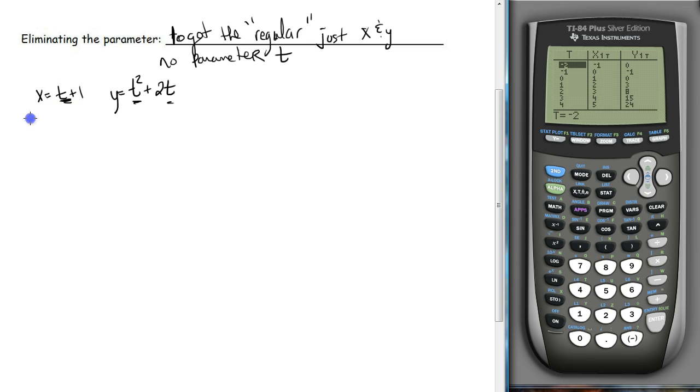If I move the 1 over, t is x minus 1, and it's a substitution problem. We're going to plug in to these, so I have y equals (x minus 1) squared plus 2 times (x minus 1).